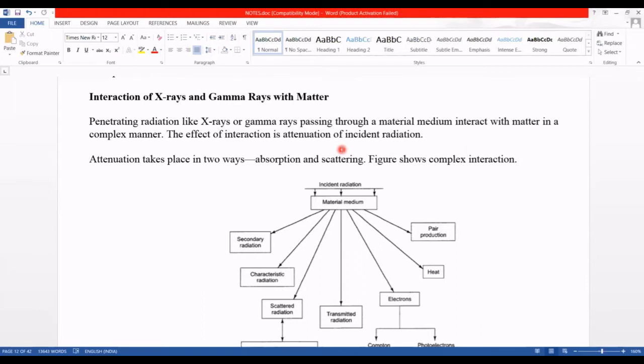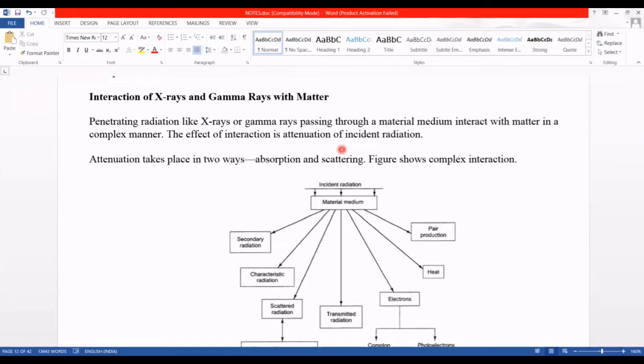Once the radiation penetrates into the matter, automatically the intensity of radiation is reduced. This process of reducing the effect is called attenuation. We have to observe this attenuation while the radiation interacts with the matter.